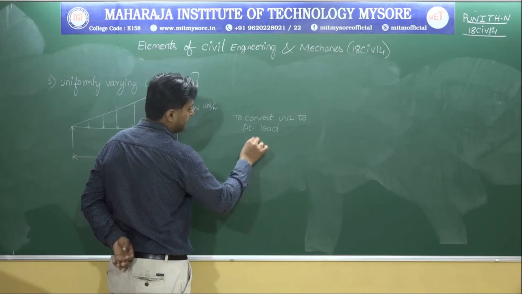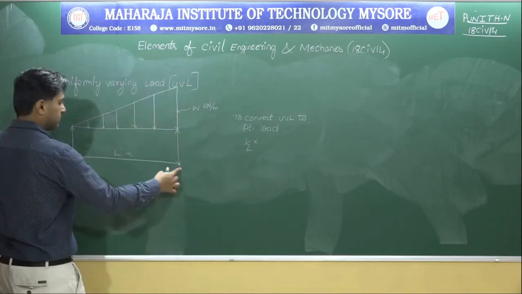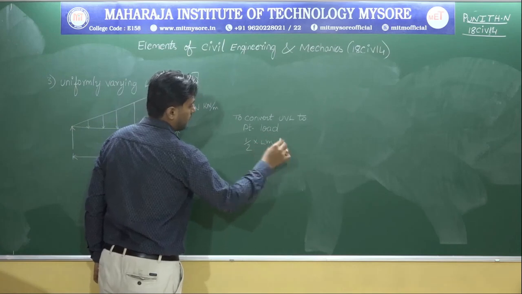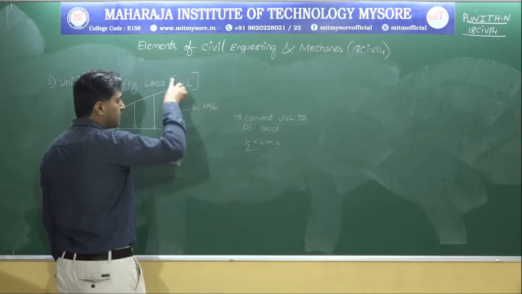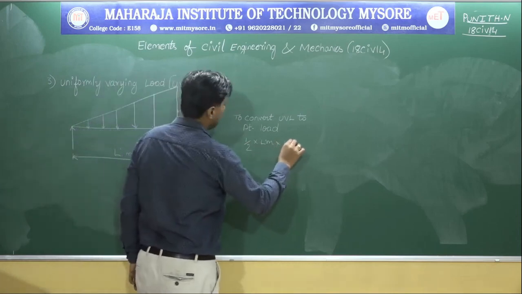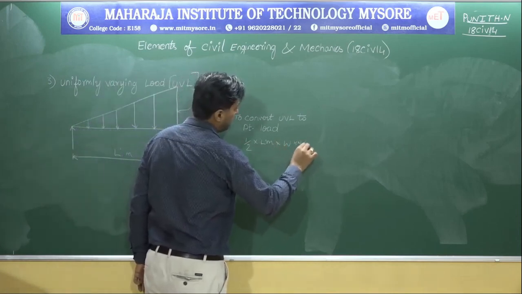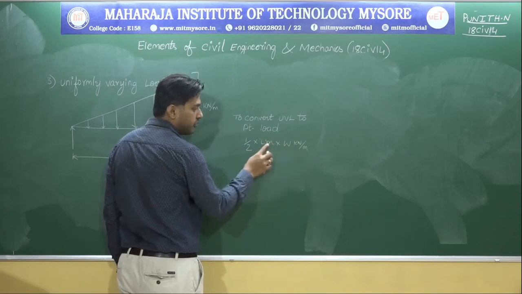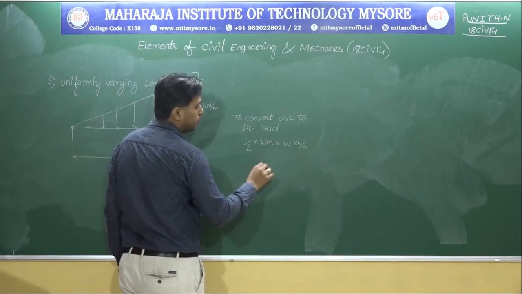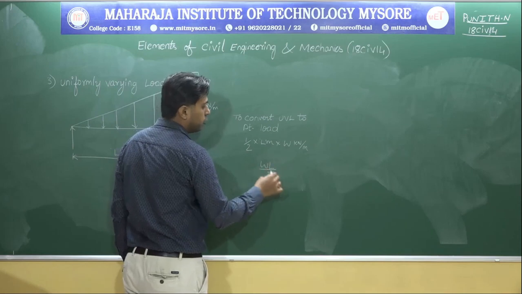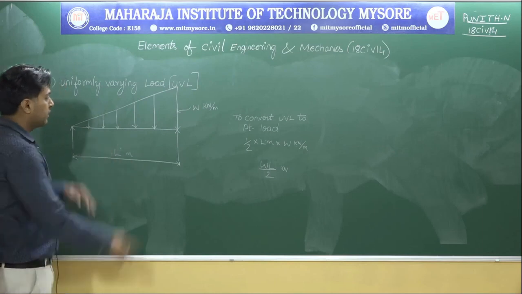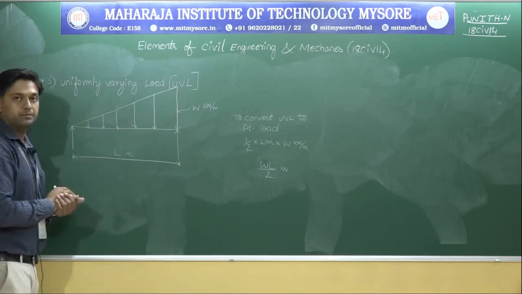So it's half into, what is the base? It's L meter. What is the height? Height is nothing but the load, so it's W kilonewton per meter. So here meter gets cancelled. What are you left with? WL by 2 kilonewton. So now I have converted this UVL to point load.